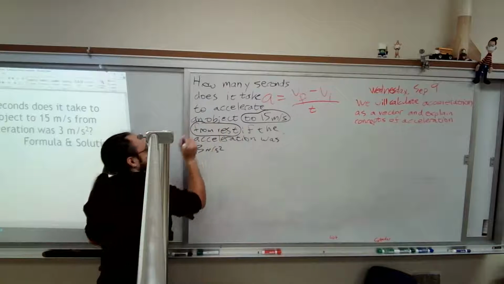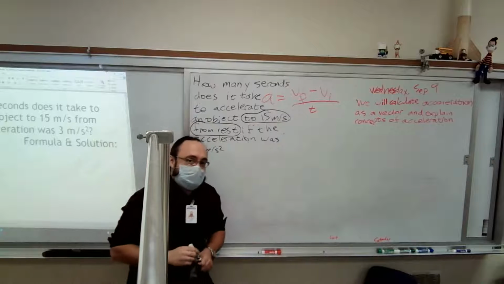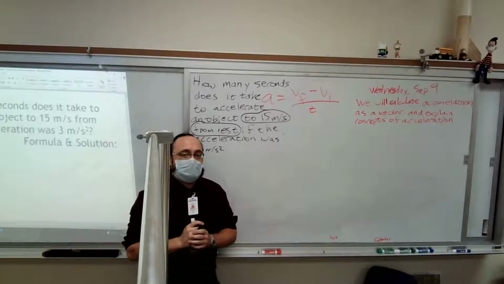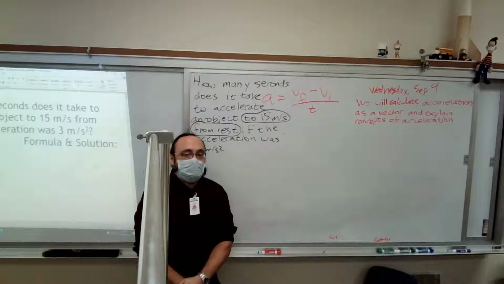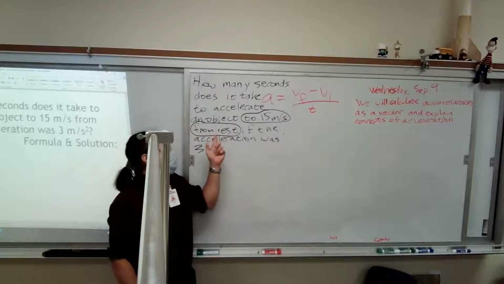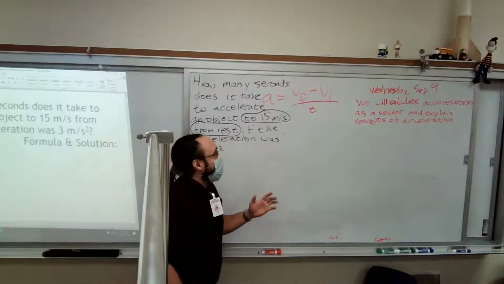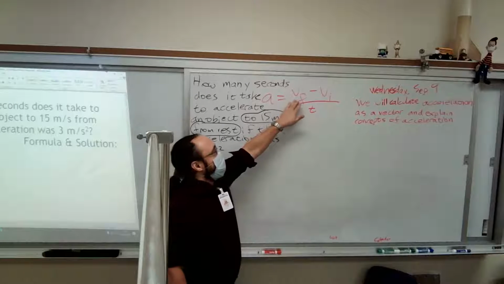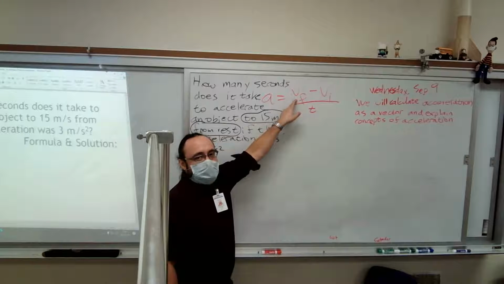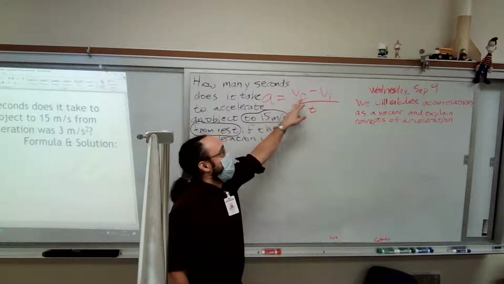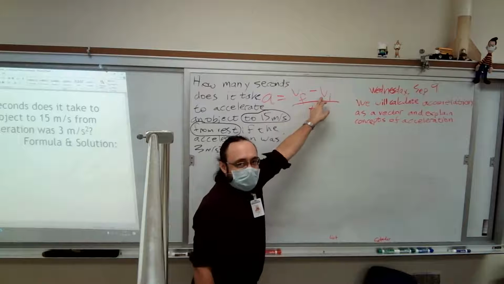I know it didn't give us another number. One mistake that people end up messing up their physics problems with is they might skim the problem for numbers. Don't do that. You have to read it because it says stuff like from rest, and we have two velocities here. We have a final velocity, v sub f and v sub i. This stands for final velocity and this stands for initial velocity.